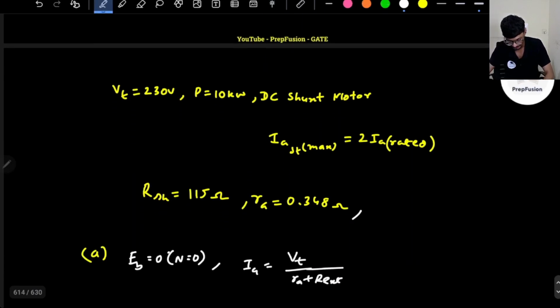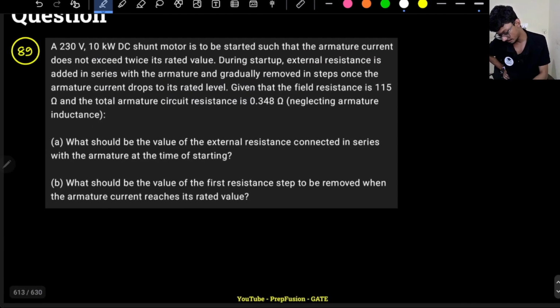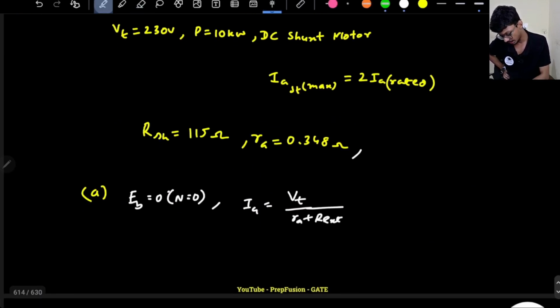IA rated will be basically equal to... because at that point in time it will supply the rated power. So what is the IL rated?